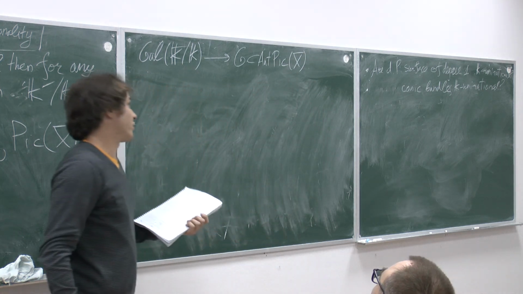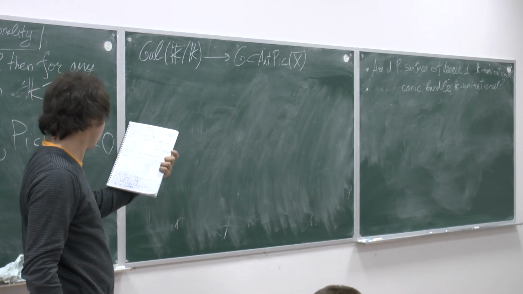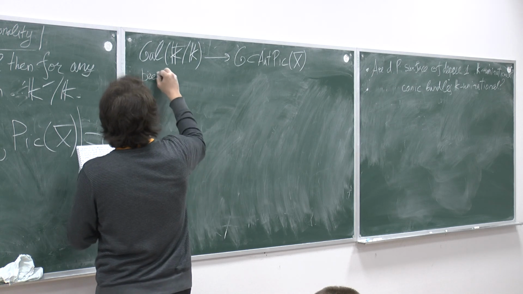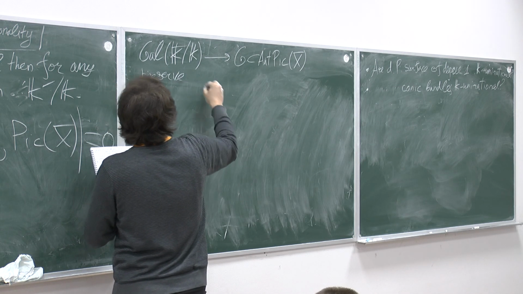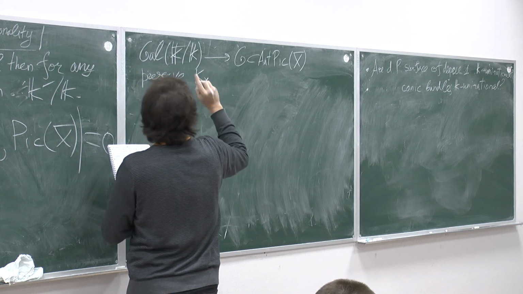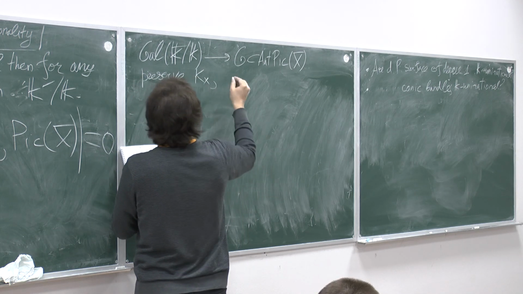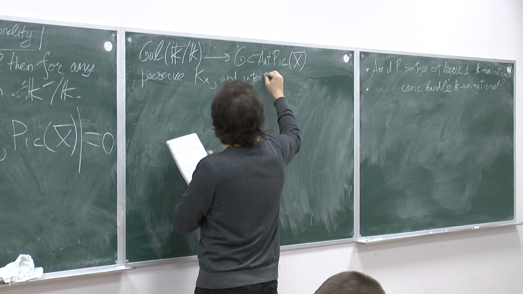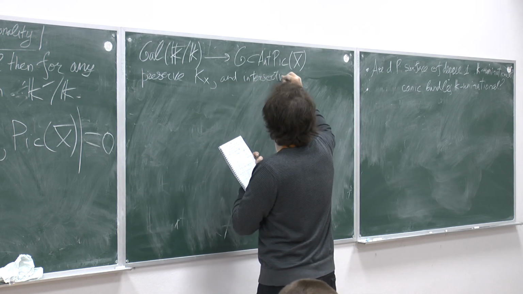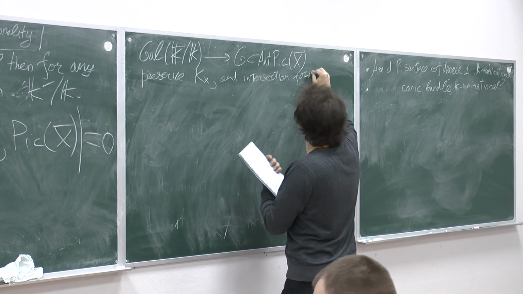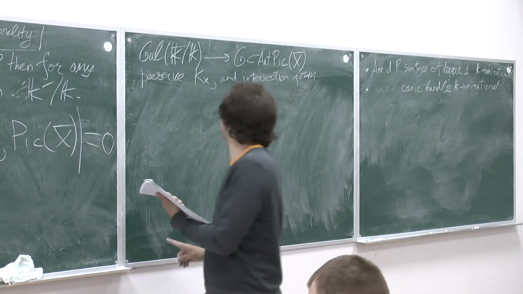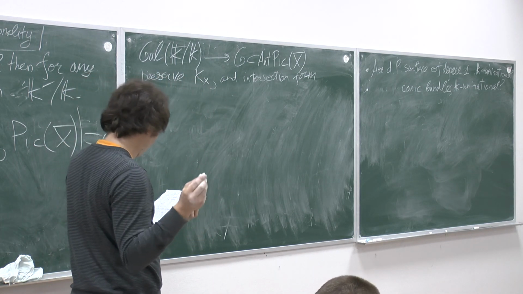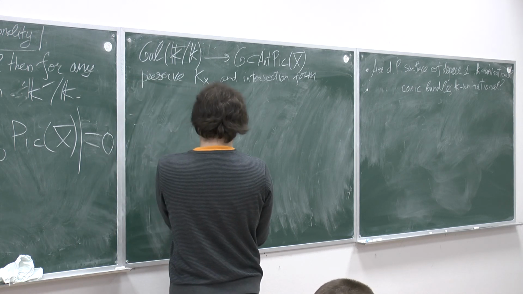But not all automorphisms. This automorphism should obviously preserve the anticanonical class or canonical class, and the intersection form. Well, let us consider the basis of K's orthogonal in the Picard lattice.